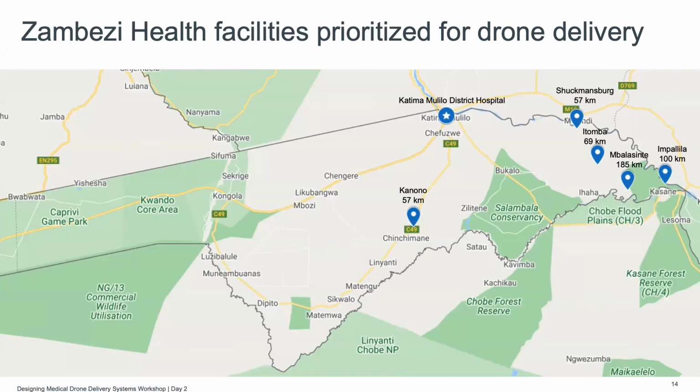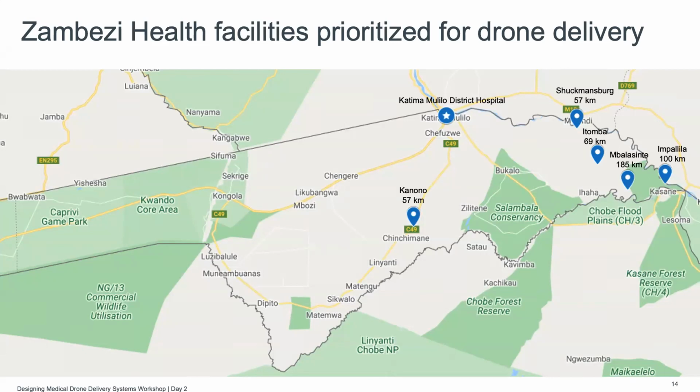So yeah, we took some of the health facilities and prioritized them for delivery. There are many others in the area, but these are the ones that we're focusing on. Kanono, which is about 57 kilometers, is one of those where it's mostly just bad roads, not really a lot of flooding.